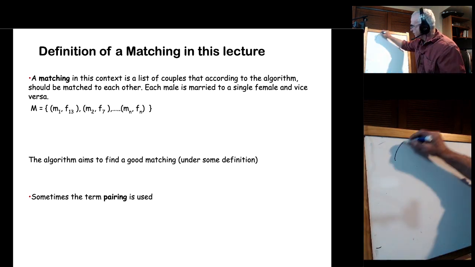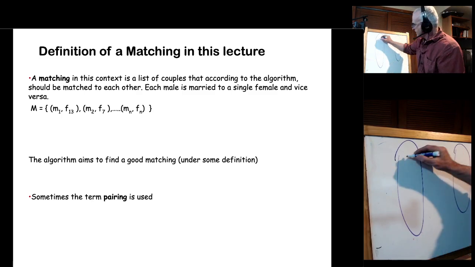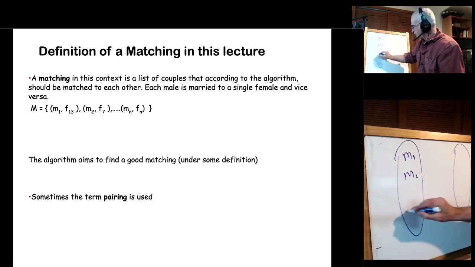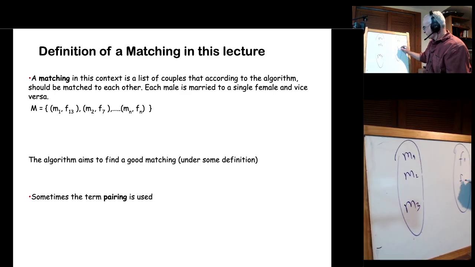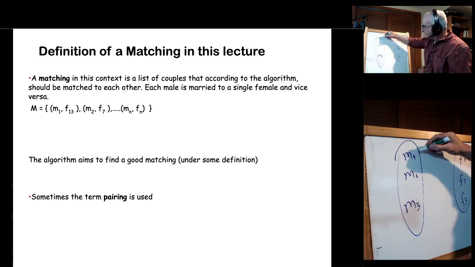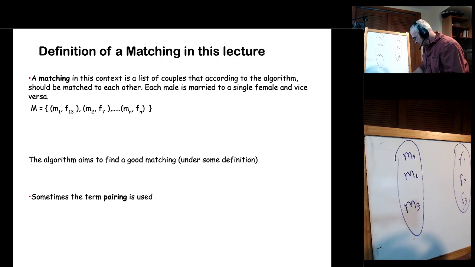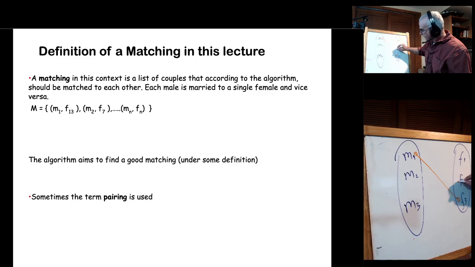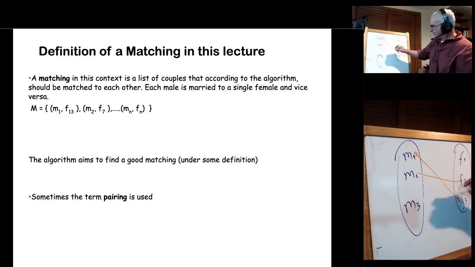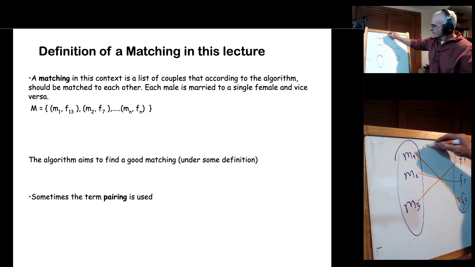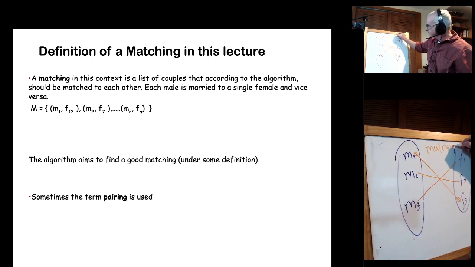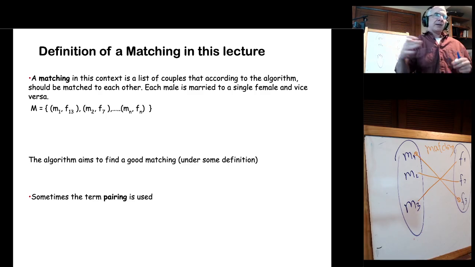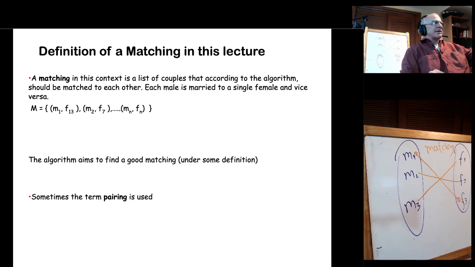We'll see other matching algorithms, but usually we'll think about it as male 1, male 2, male 3, female 1, female 2, female 3, and intuitively you'll think of a matching as a one-to-one matching. For example, male 1 will marry female 3, male 2 will marry female 2, male 3 will marry female 3. And this will be one possible matching. That is, a matching is not just a pair, it should contain the list of all the pairs. That's what the algorithm needs to spit out.